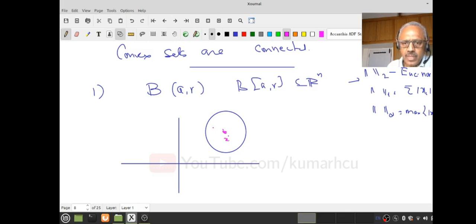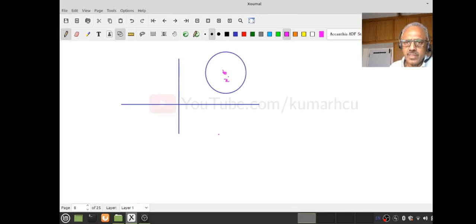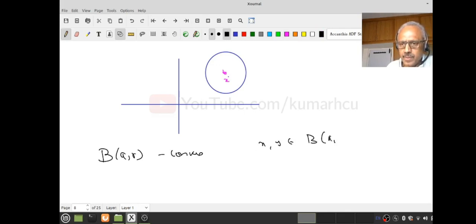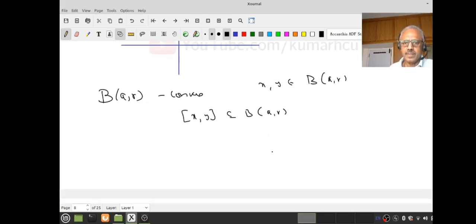Now I want to claim that any B(a, r), any ball, is convex. Let me prove, or open, this is convex. Why? Let x, y belong to B(a, r). I have to prove the line segment xy is contained in B(a, r). That's very easy, because start with any point z here, then z is of the form (1 minus t) times x plus t times y.